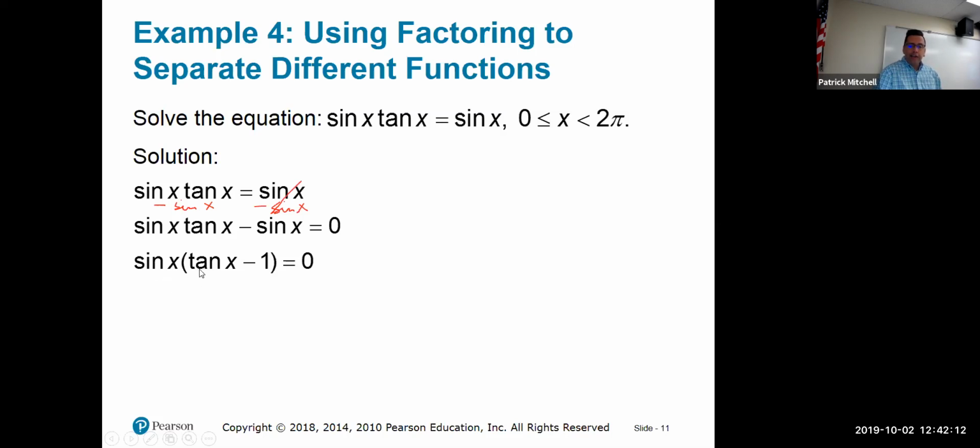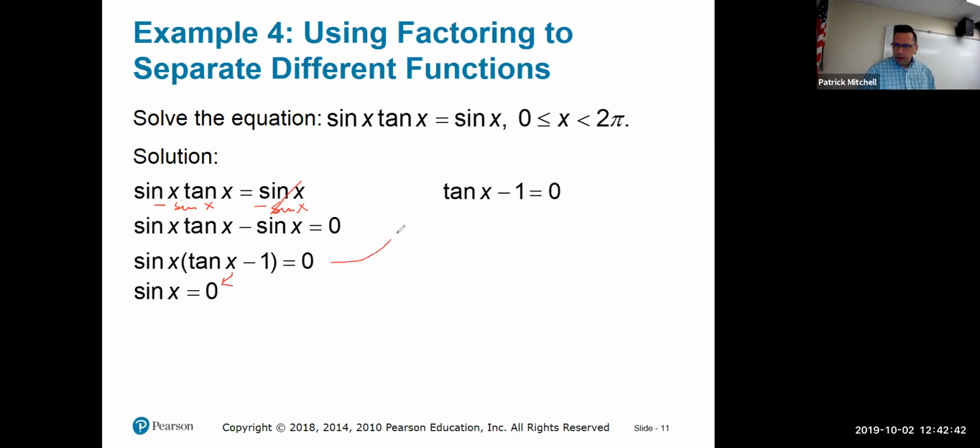So if sine x times tangent x minus 1 is 0, the only way that could happen is if sine x equals 0 or tangent x minus 1 equals 0. Either this or this. I wrote it all the way up here because I need a little bit of extra room under that one.